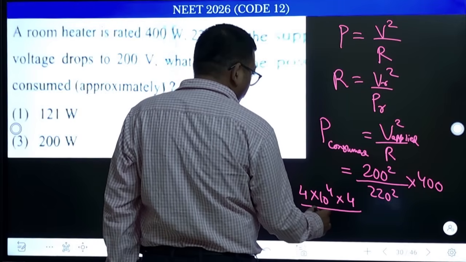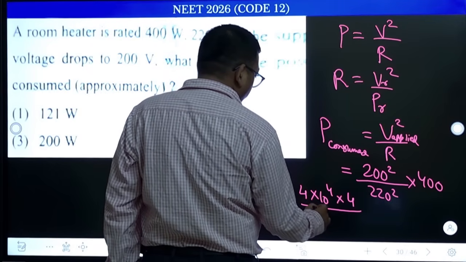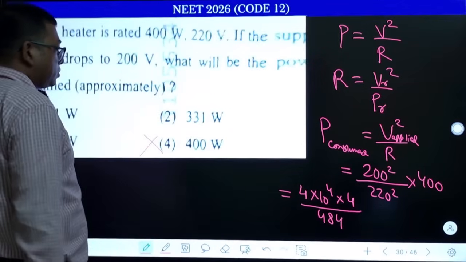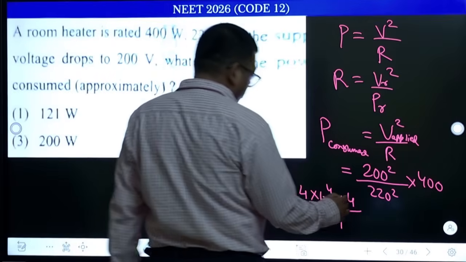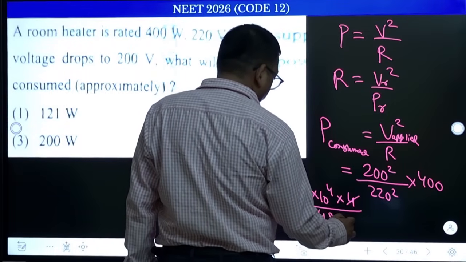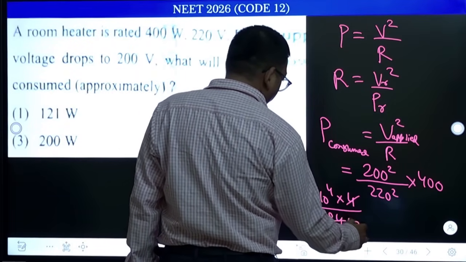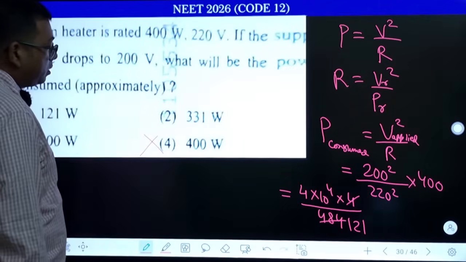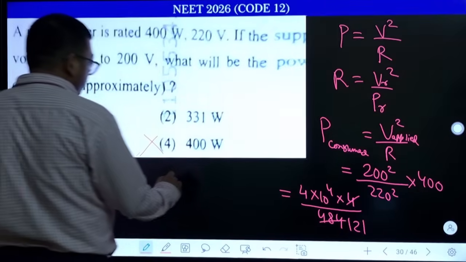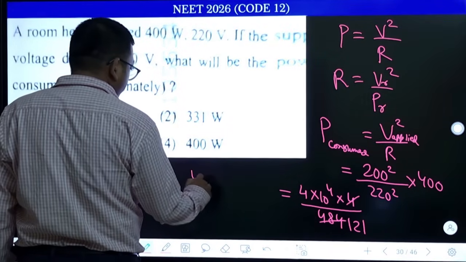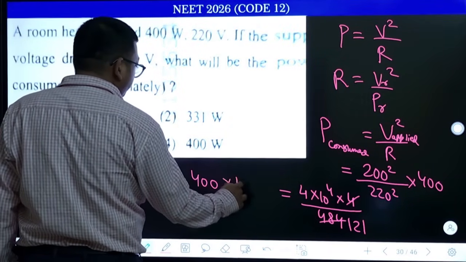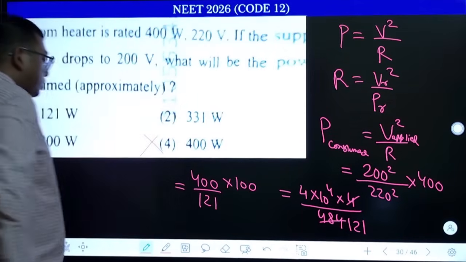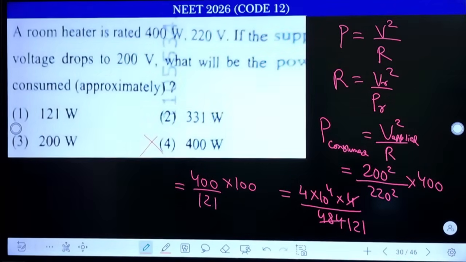So 22 into 22, 484, correct? Then suppose I take this as 400 and keep the extra 100 factor, 121. So now 400 divided by 121 is how much?